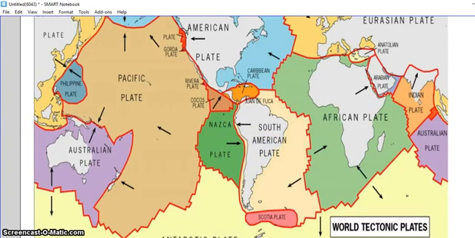So for example here, if you can see the South American plate, it is moving this direction. The Nazca plate is moving this direction. And this is creating a plate boundary. And you can see what direction these plates are moving on this map.